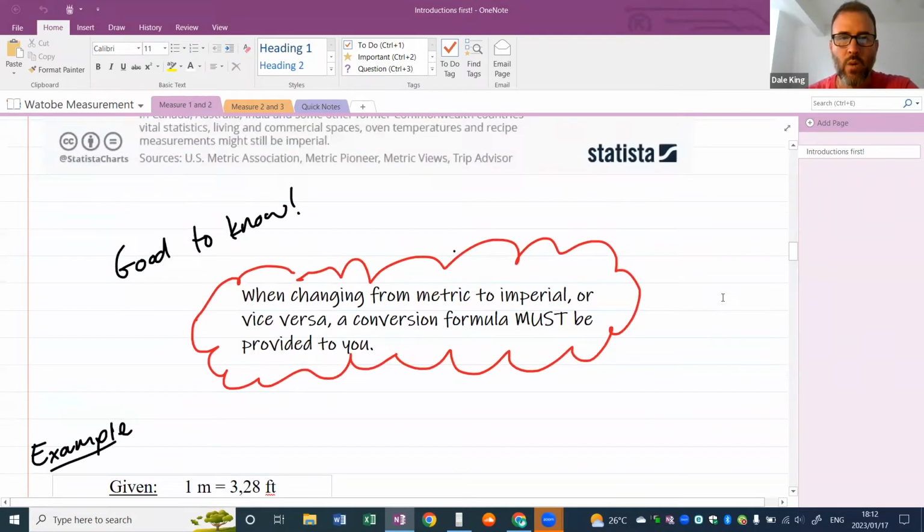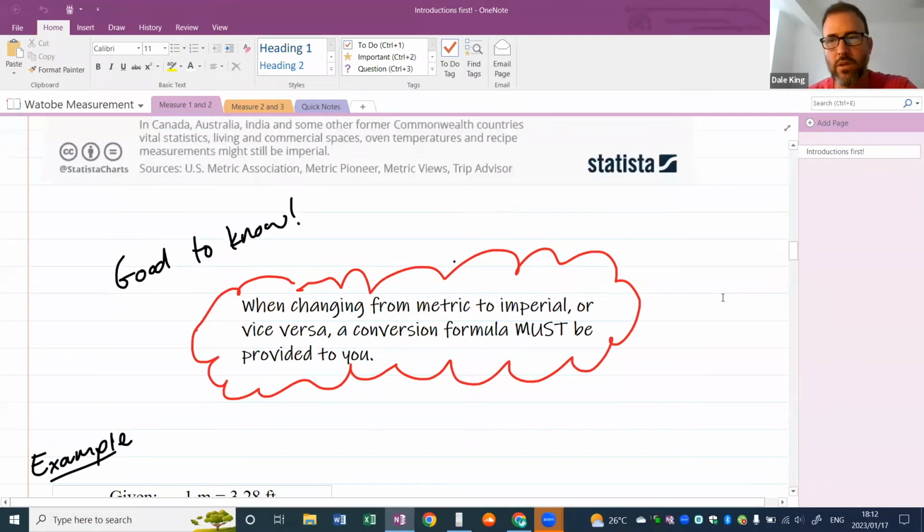What is good to know for all of us doing math literacy is that when, in an exam, we have a question where the question is given in one system and we have to convert to the other, they have to provide a formula for you, okay? You are not expected to know and memorize the conversions from the one system to the other, metric to imperial or vice versa.